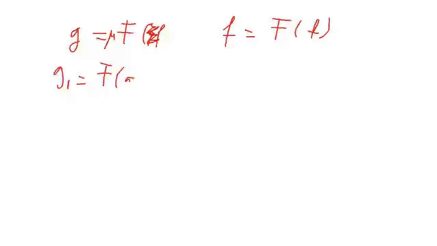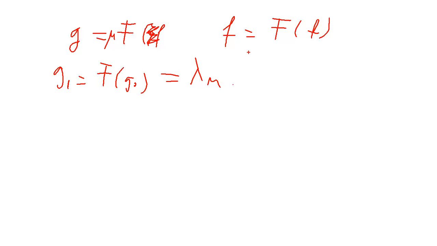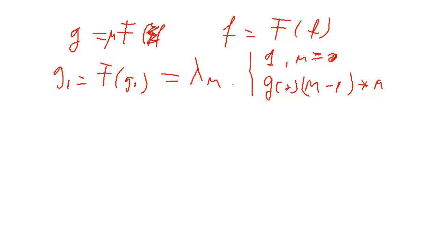Then I'm going to compute G1 equals F applied to G0. What is this value? Well, it's lambda n, 1 if n equals 0, and G0 of n minus 1 times n otherwise. So how many values do we define for G1?